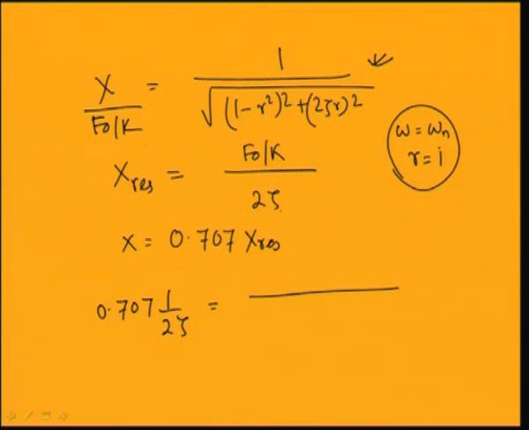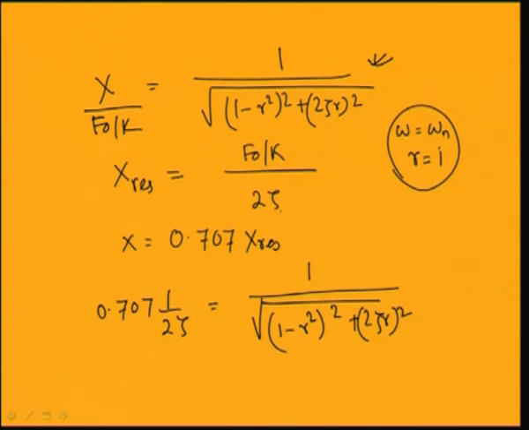So, by substituting x equal to 0.707 x resonance by f0 by k, I can get it equal to 1 by root over (1 minus r square) whole square plus (2 zeta r) whole square. From this I will get this r for which this side band occurs. So, now I can square both the sides.